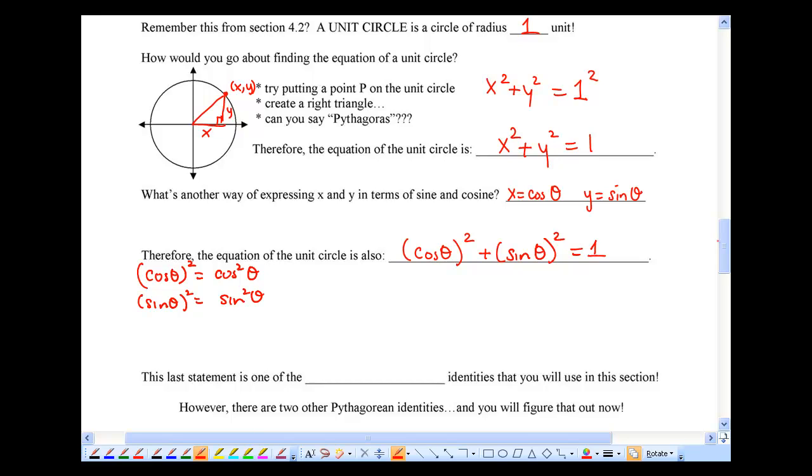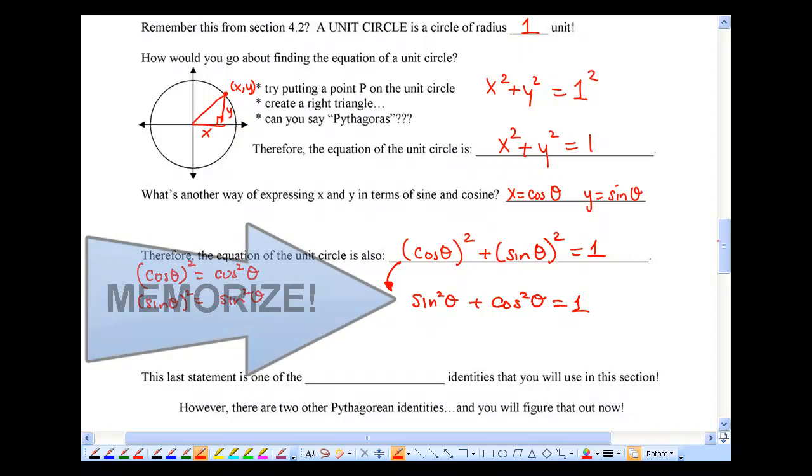And so a lot of times, and you'll see this in your textbooks, instead of cosine theta all squared, they'll use cosine squared theta, and instead of sine theta all squared, they'll use sine squared theta. And by the way, most textbooks use the sine one first for some strange reason, but they do. Sine squared theta plus cosine squared theta equals 1.